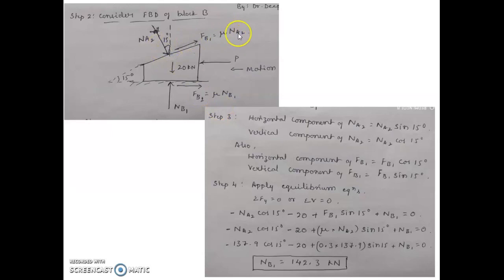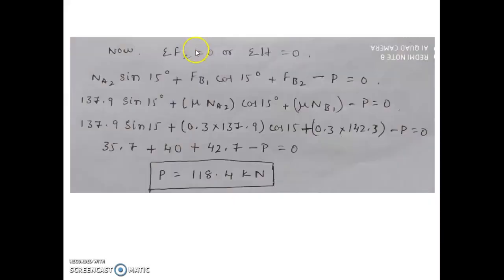Mu into the normal reaction Na2. Na2 is the normal reaction for this surface, hence it becomes mu times normal reaction. This friction force I substituted over here.